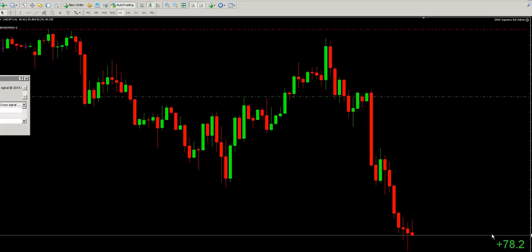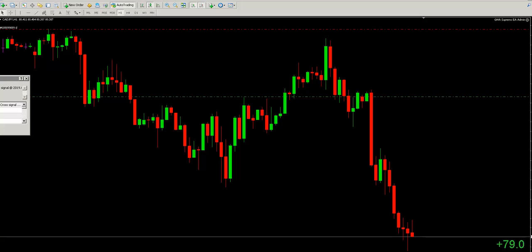As you can see here, we are almost 80 pips up on this trade, about 78 pips now. And this is where the trade was entered for us. As you can see here, these green dotted lines, I hope you can see it. And this is where the stop loss currently is. Now, I basically woke up this morning. The trade was entered last night. I woke up this morning to see that it had moved.